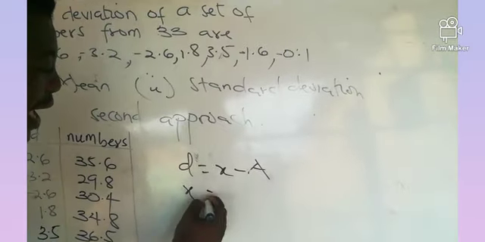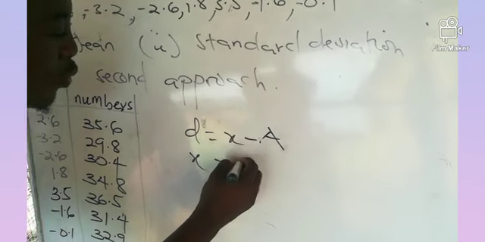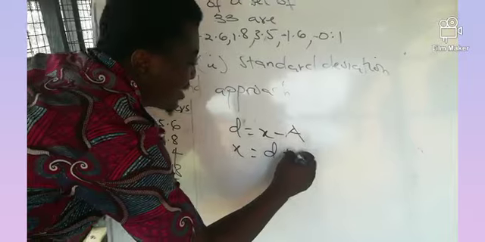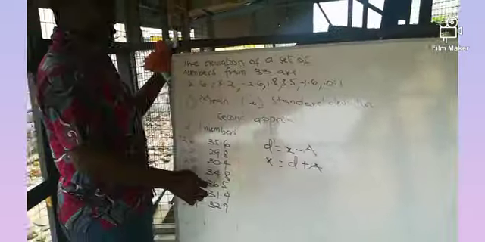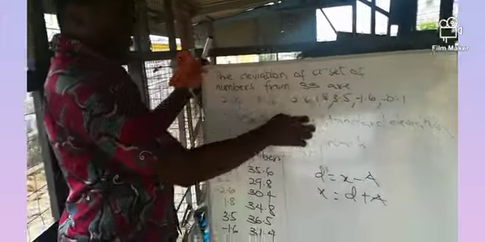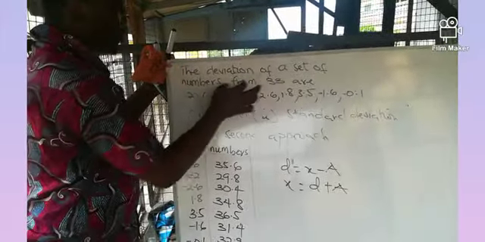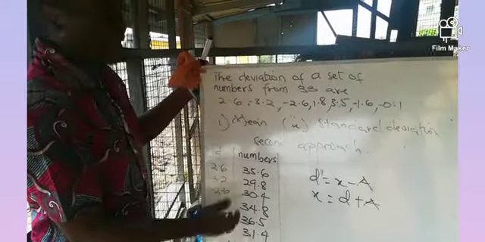So you say x is equal to d plus a. So all you are going to do in order to get the actual numbers, which is giving this deviation, we just have to add this to the various deviations, and it will give us the actual number.